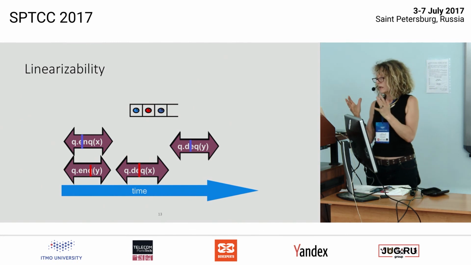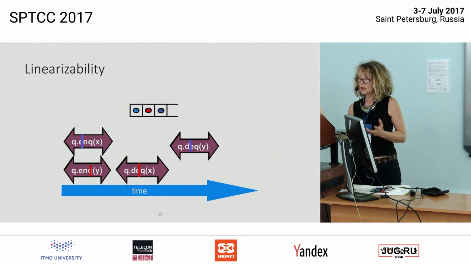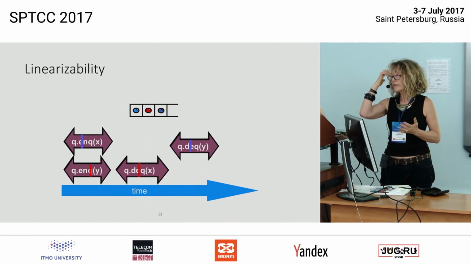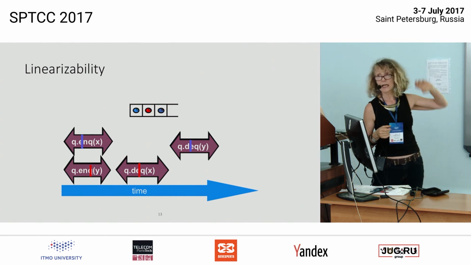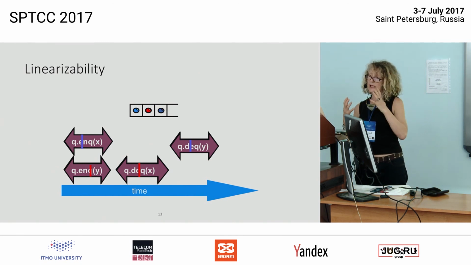So here, in this specific execution, one transaction, the blue one, did an enqueue X, and then after that, the red transaction did an enqueue Y, and then the red transaction dequeued.